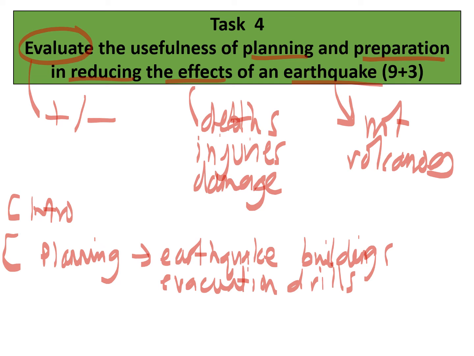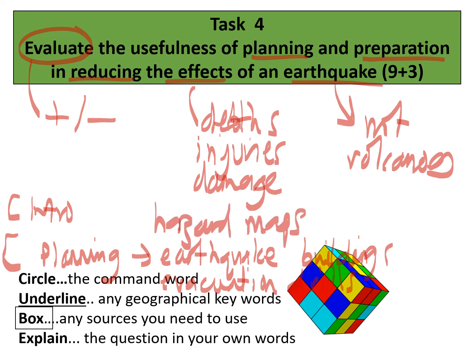We could talk about the hazard maps, so building more important buildings further away from the volcano or the earthquake. Sorry, well, it wouldn't be from the earthquake, it would be from where the plate boundaries are. So hazard maps allow us to identify where are the safer regions.